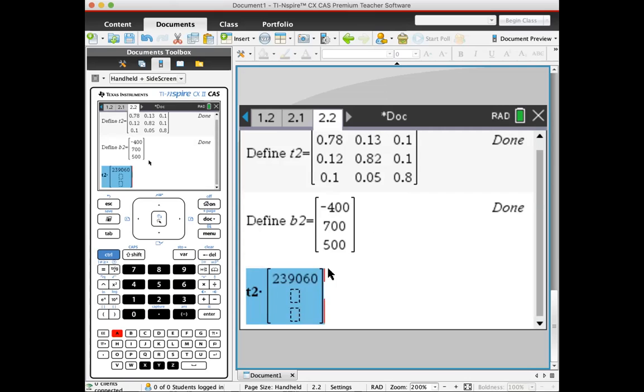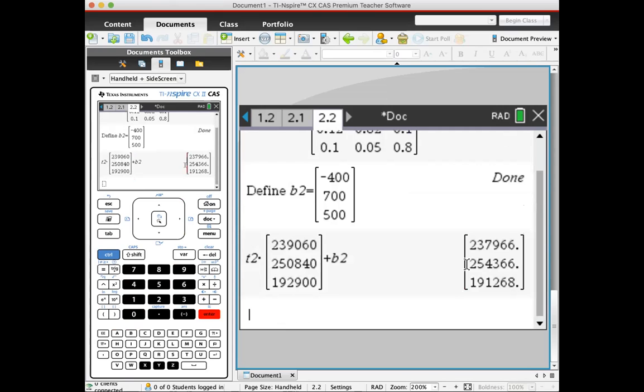Anyway, just type in whatever is on our exam paper, 250,840 and 192,900. Don't forget to plus B2. So this will be our answer, and I want to see the number of shoppers at Westmore. I suppose it's the first element, okay?